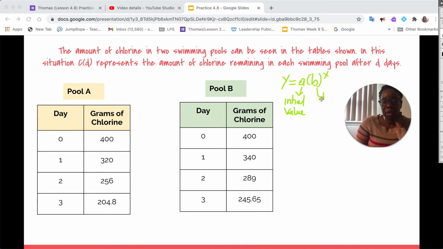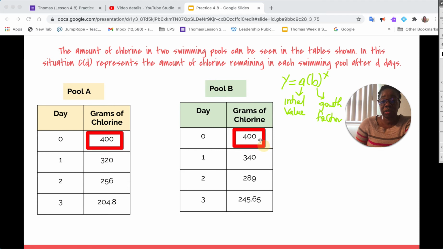And b is our growth factor. And remember, our initial value is going to be, in this case, 400. So it's the same for both equations.